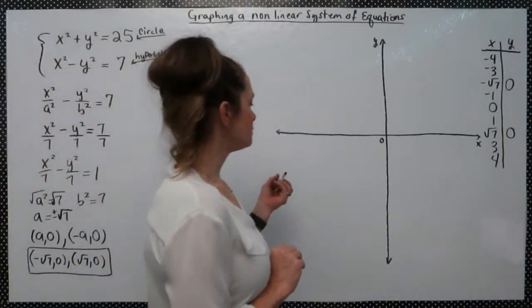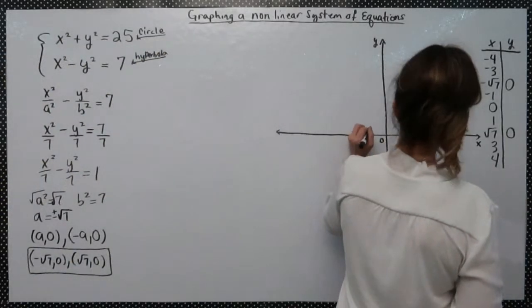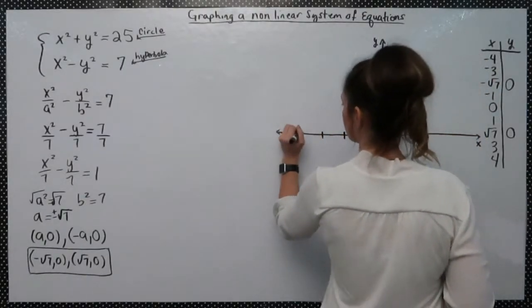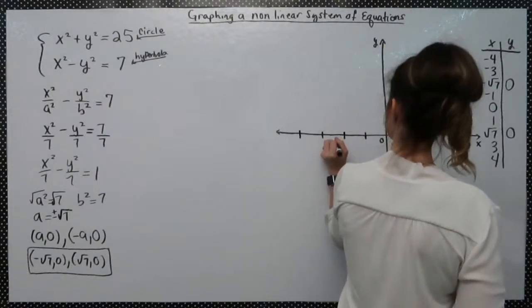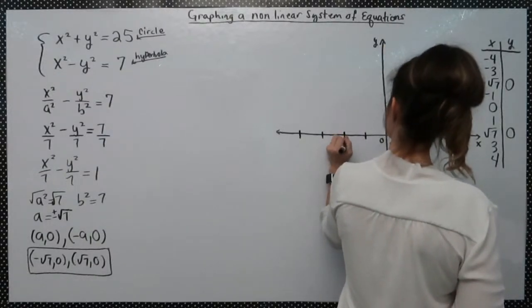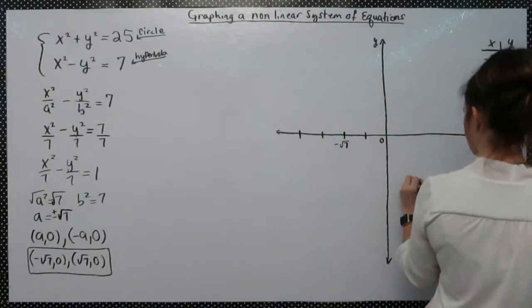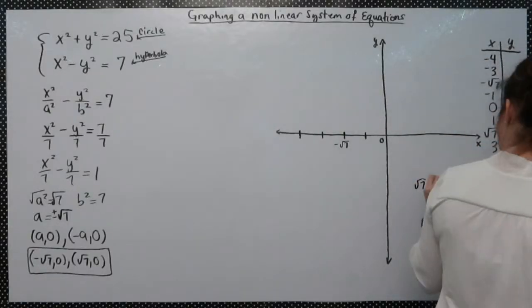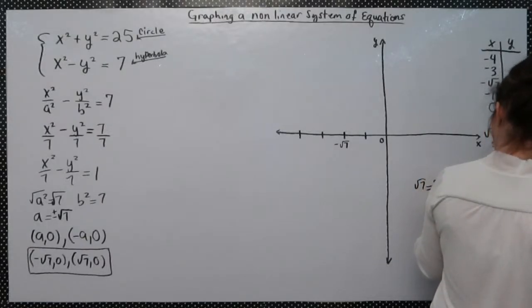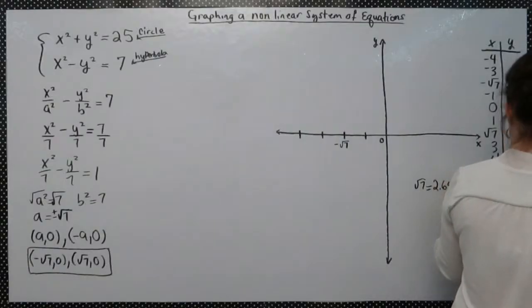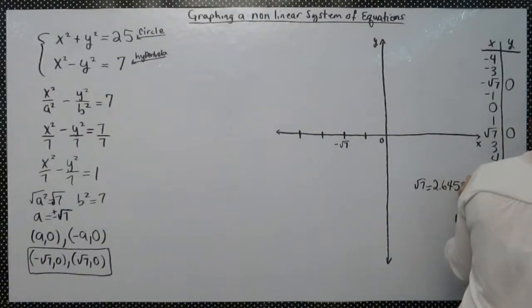All right, so I'm going to go ahead and graph those two values. We're going out to -4. So it's 1, 2, 3, 4. And instead of -2, we're doing negative radical 7 here. And it's about, we'll put it on here. Radical 7 is 2.645751311.